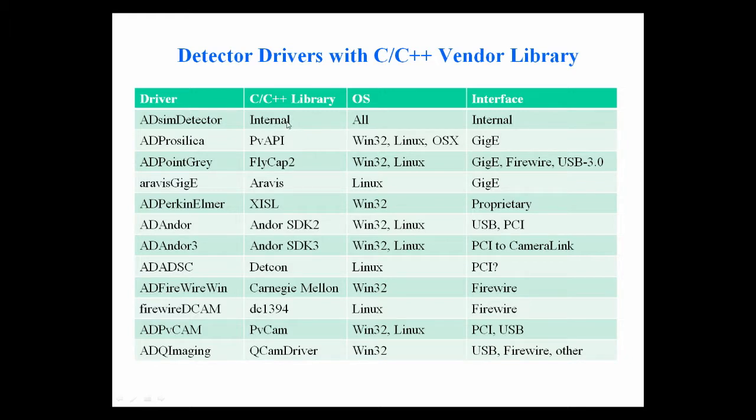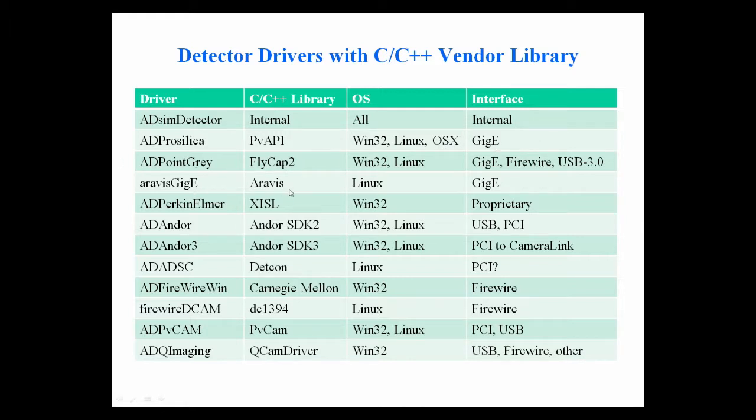That's all internal. It's inside AreaDetector. It works on any operating system, and it's an internal simulation interface. The Prosilica cameras use their C++ vendor library. It works on these 3 operating systems, and it's only GigE.